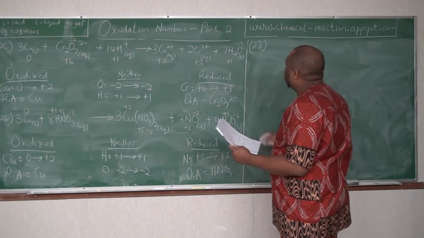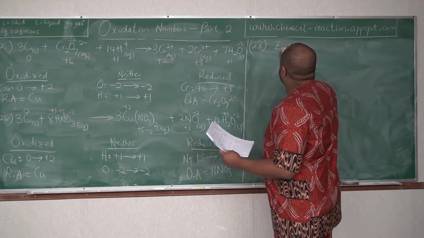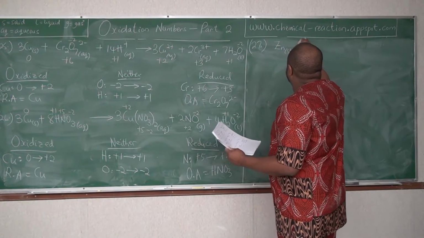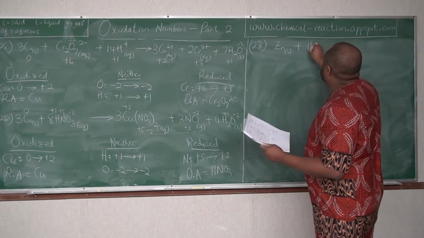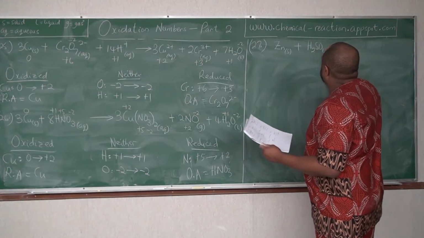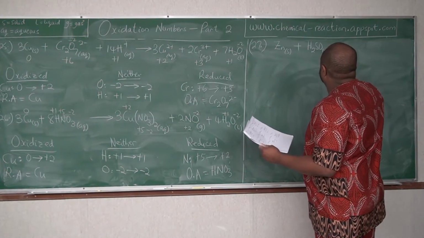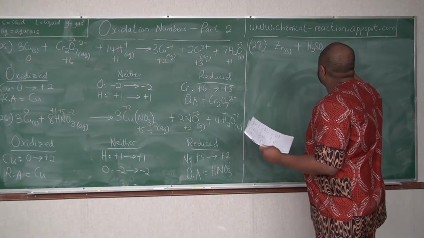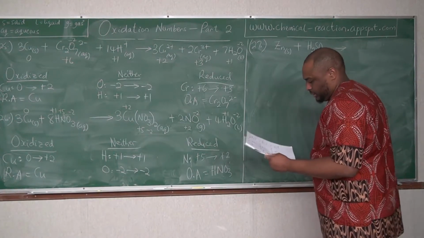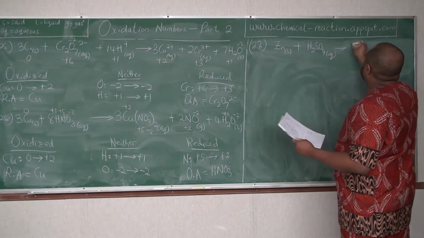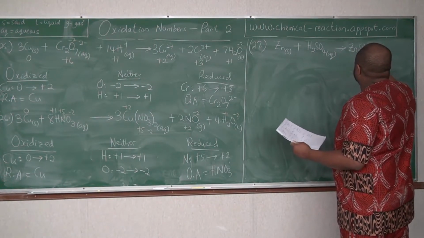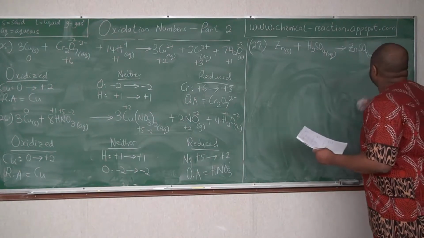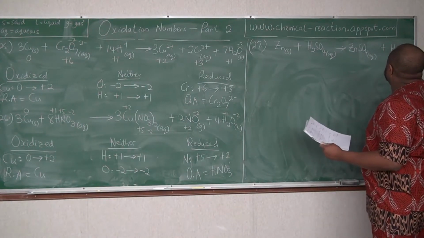We have solid zinc. 1 mole of solid zinc reacts with 1 mole of tetraoxosulfate 6 acid to give us zinc sulfate, zinc tetraoxosulfate 6 aqueous, and 1 mole of hydrogen gas.